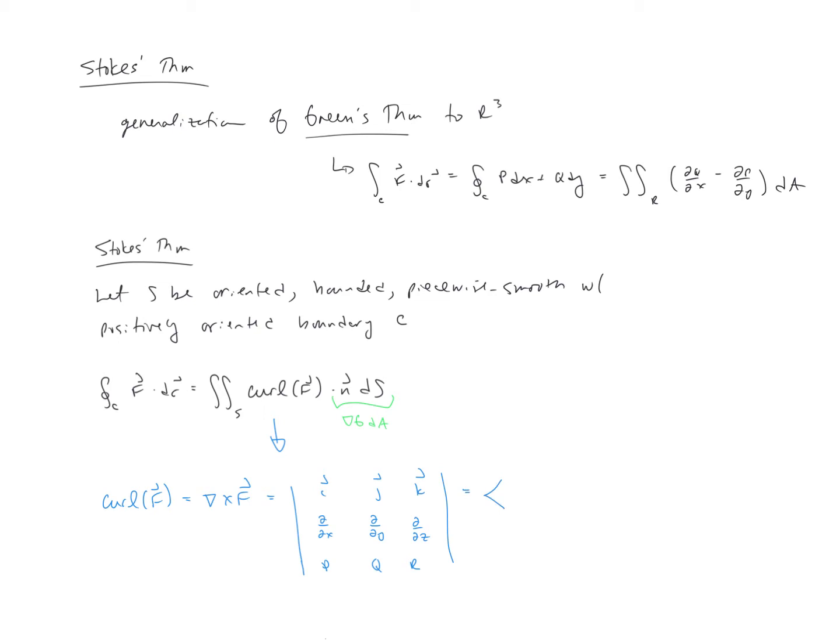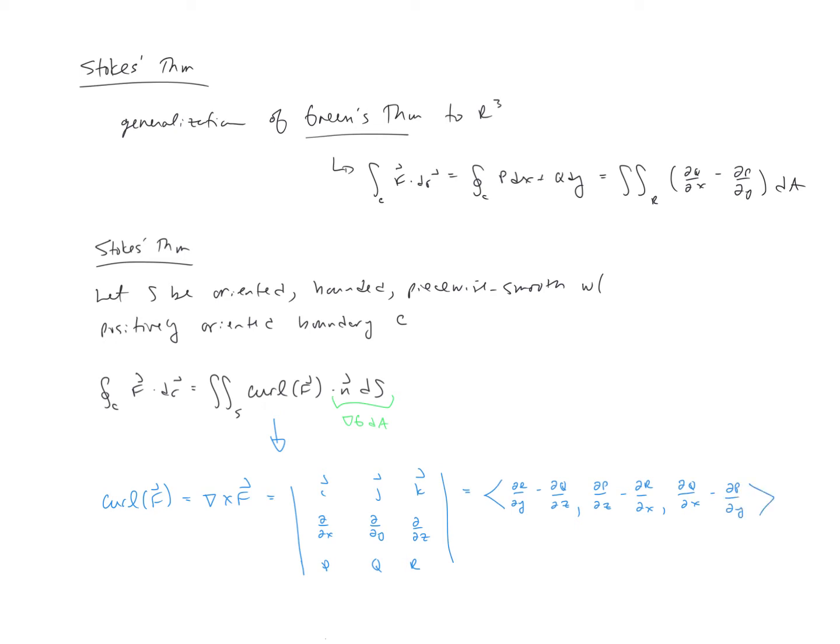And as we cross this, what we're going to end up with is partial R partial y minus partial Q partial z for the first component. Then we have partial P partial z minus partial R partial x. And for the third component, partial Q partial x minus partial P partial y.